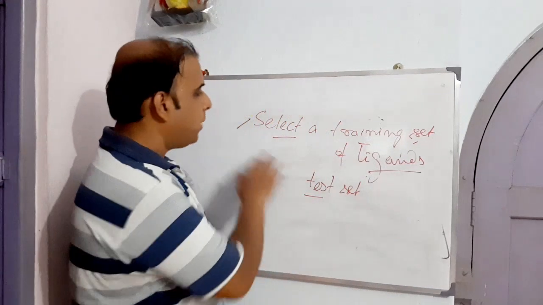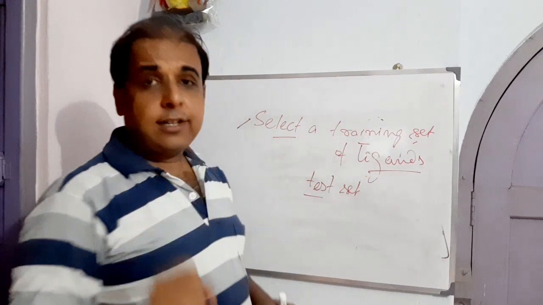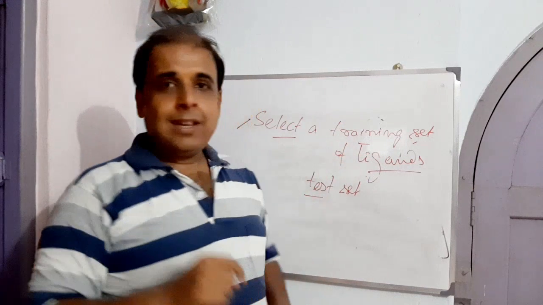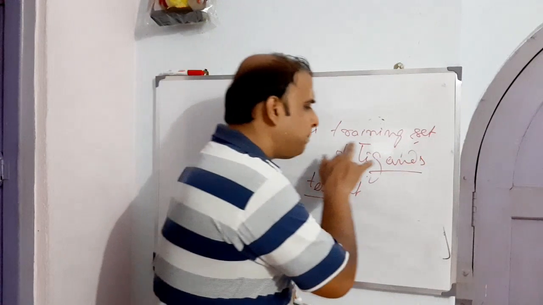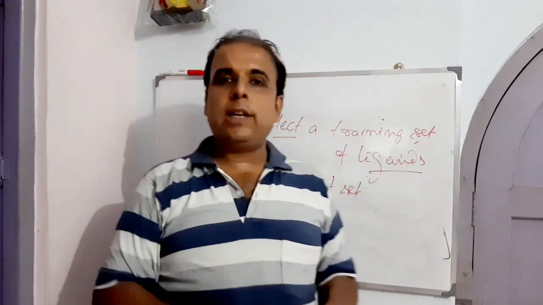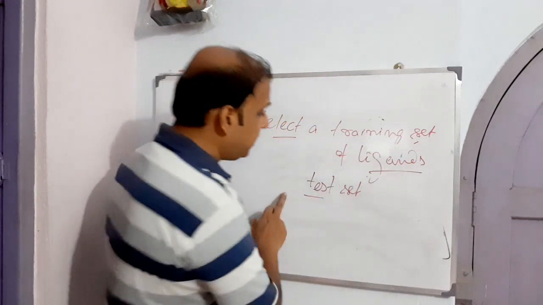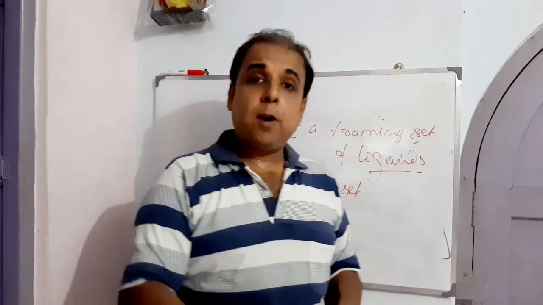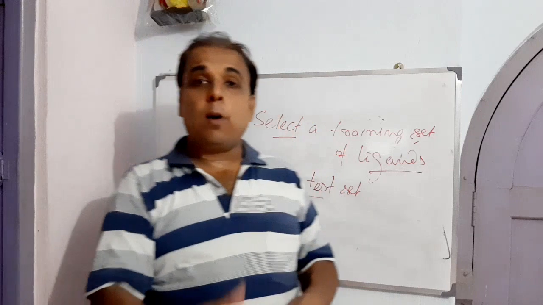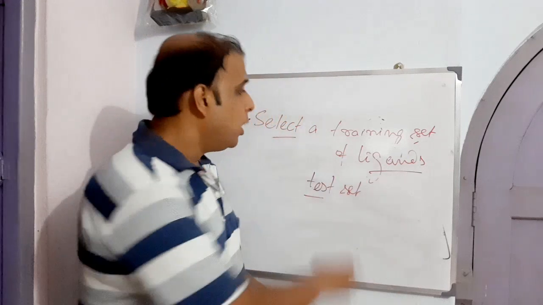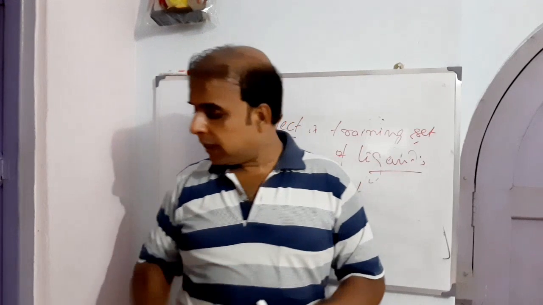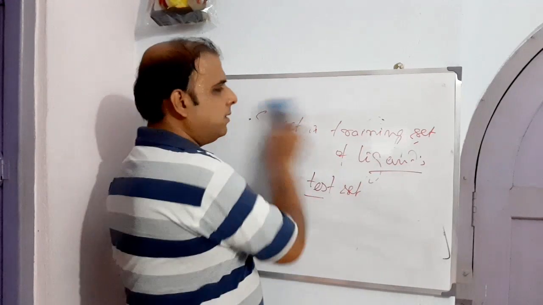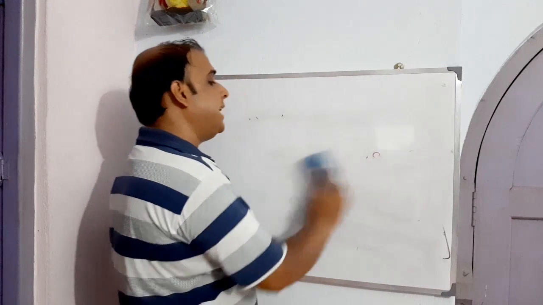This is all about selecting a training set. In both sets you keep diversified compounds, but the purpose of the training set is to develop the hypothesis, and the purpose of the test set is to validate the hypothesis generated from the training set. Got my point? So this is all about the selection of the training set of ligands.